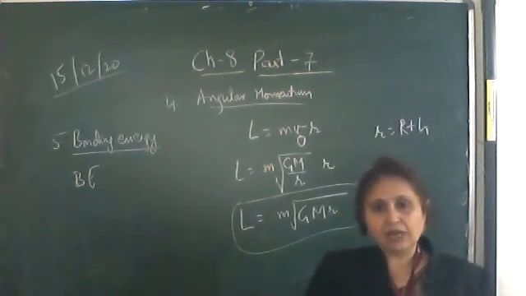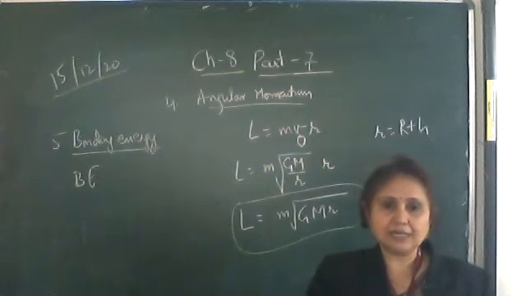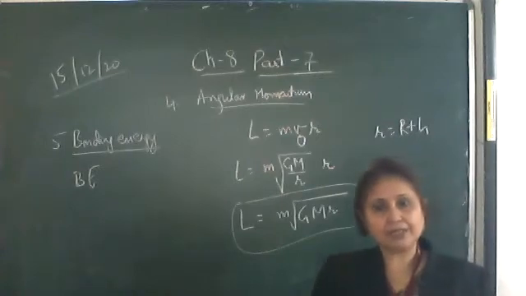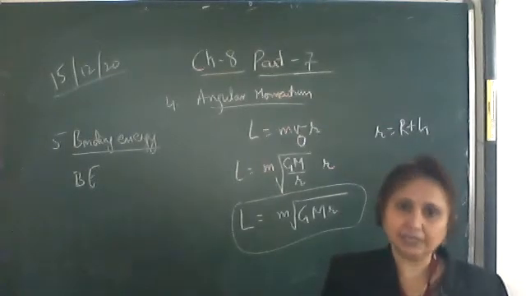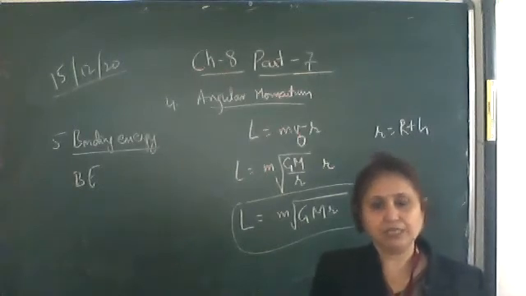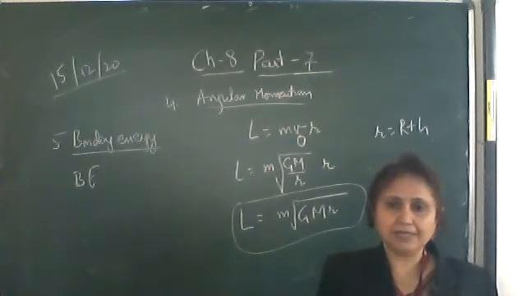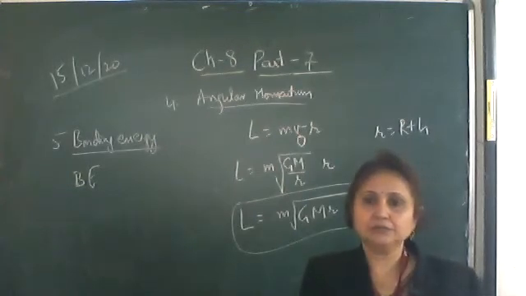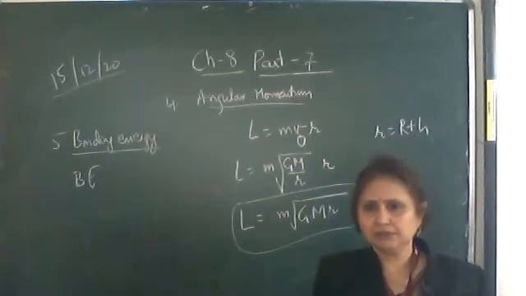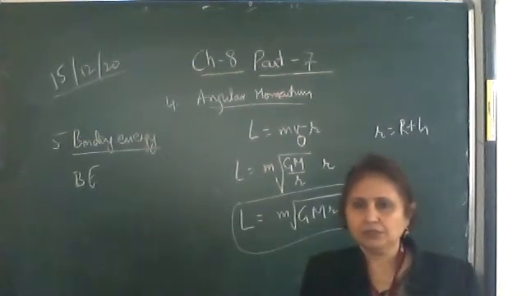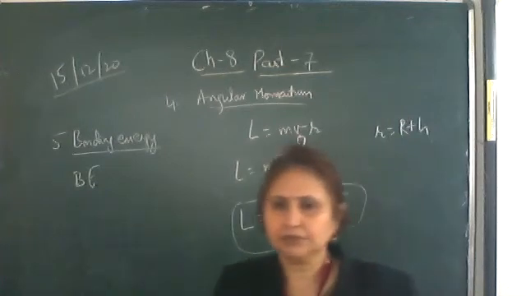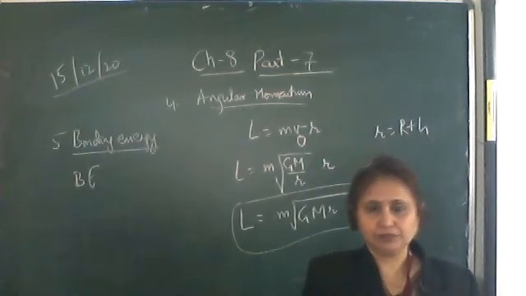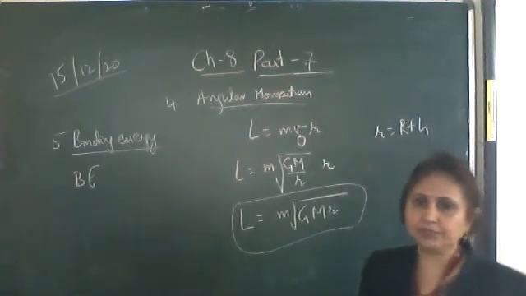Now, after many years, this satellite has to be removed from its orbit. So that energy we call the binding energy, and it will be equal to negative of total energy. So write down binding energy: the energy required to remove the satellite from its orbit.